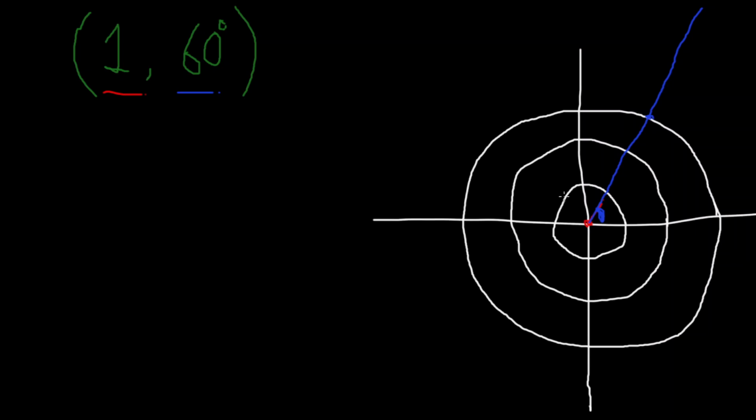So our final point will be right here. As you can see, this 1 means the first circle, 1 unit away from the center, and this 60 degrees means angle starting from the x-axis, counterclockwise.